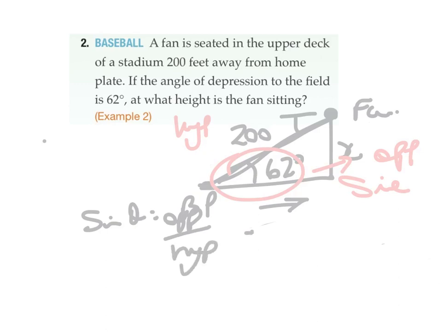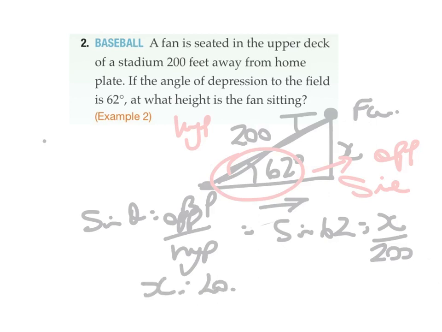So you've got sine 62 is equal to, in this case I'm going to put x over 200. Rearrange, so it's going to be x equals 200 sine 62. Okay, and you're going to finish up with 176.6. Again, it doesn't ask for a degree of accuracy, so 1 decimal place is sufficient.